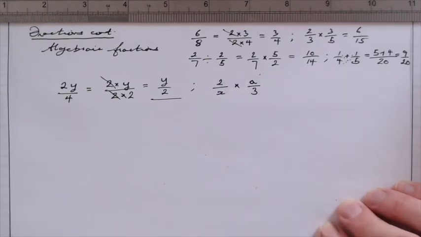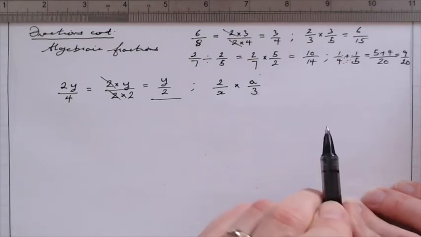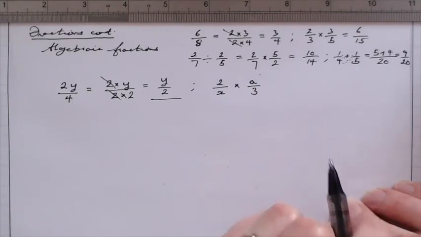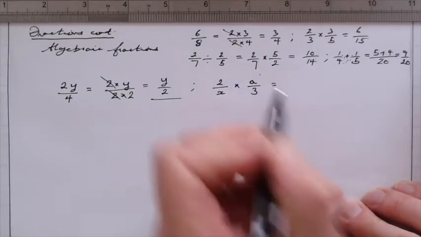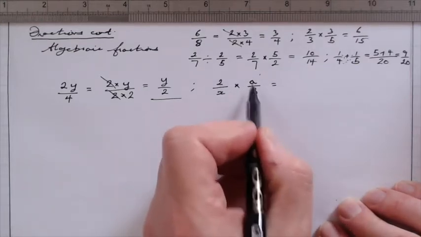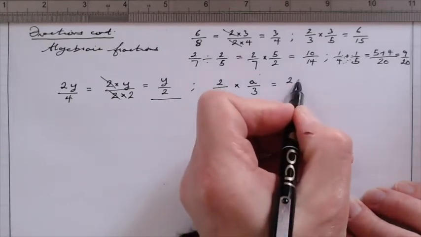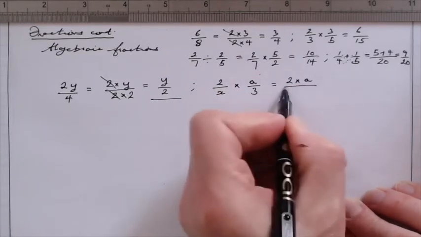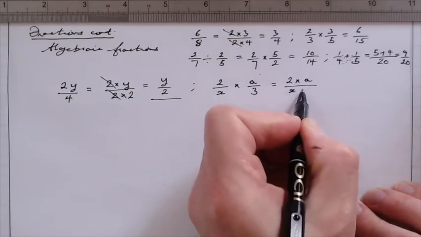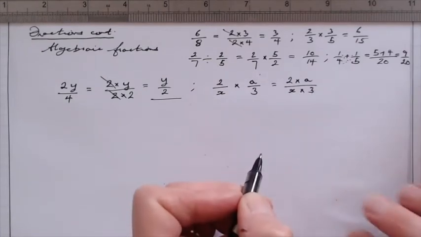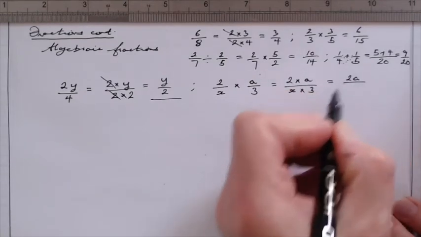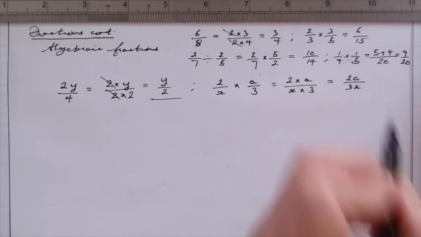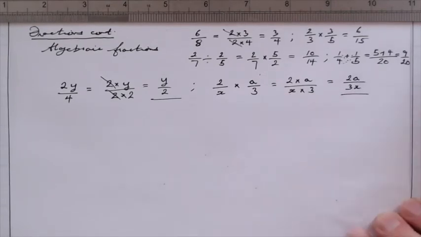So I just can't emphasize enough not to get hung up on the fact that these are symbols, but just to boldly go forward with the arithmetic operations that you've learned from the last few tutorials and just follow the steps that we've learned. So we have a fraction multiplied by a fraction, so we multiply the two numerators together, divided by multiplying the two denominators together, and we would then write this as 2 lots of a divided by 3 lots of x, and that would be the answer.